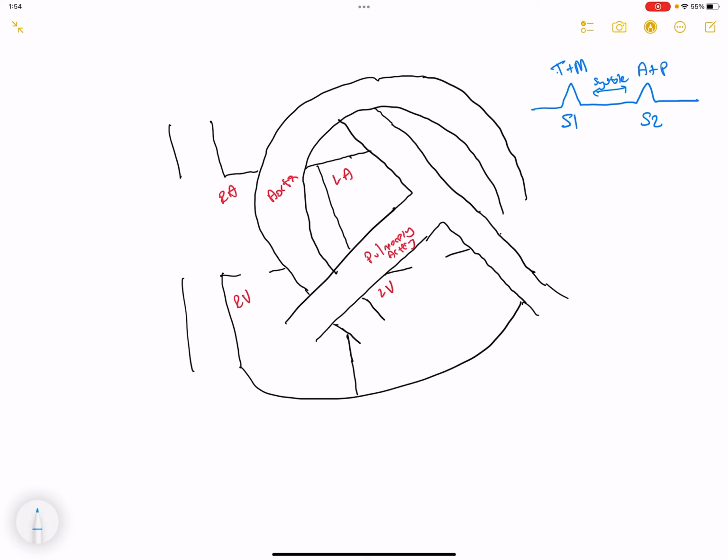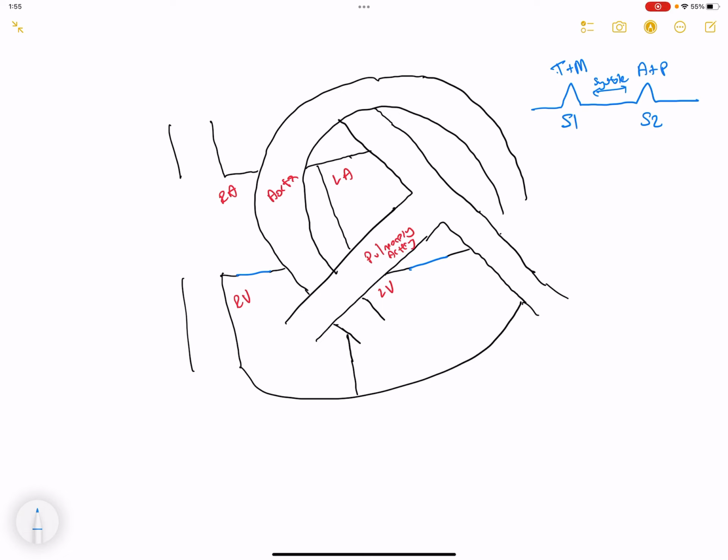Let's start off with tricuspid and mitral regurgitation. So during systole, the mitral valve and the tricuspid valve are closed, and the aortic valve and the pulmonic valve are open, and the ventricles are contracting, pushing that blood out through the pulmonary artery as well as the aorta. So the mitral and tricuspid valves should be closed.